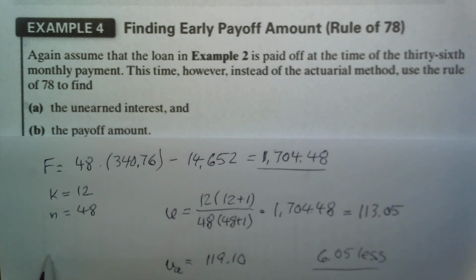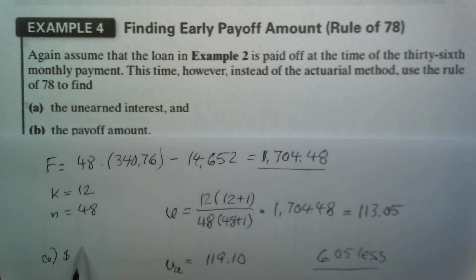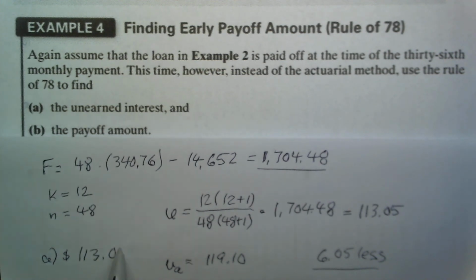So for the A part then, our answer is 113.05. That would be the unearned interest.